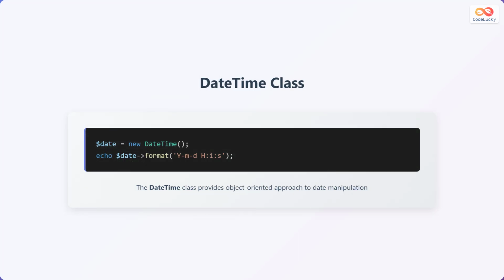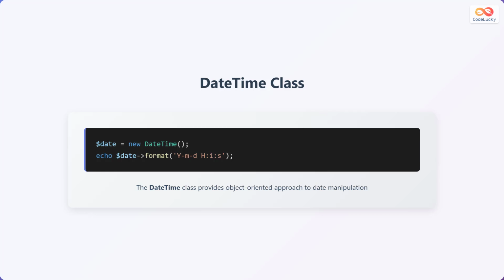For a more object-oriented approach to handling dates and times, PHP provides the DateTime class. To create a DateTime object, use the new keyword followed by DateTime, opening and closing parentheses, and a semicolon. To format the DateTime object, use the format method, passing in the format string.